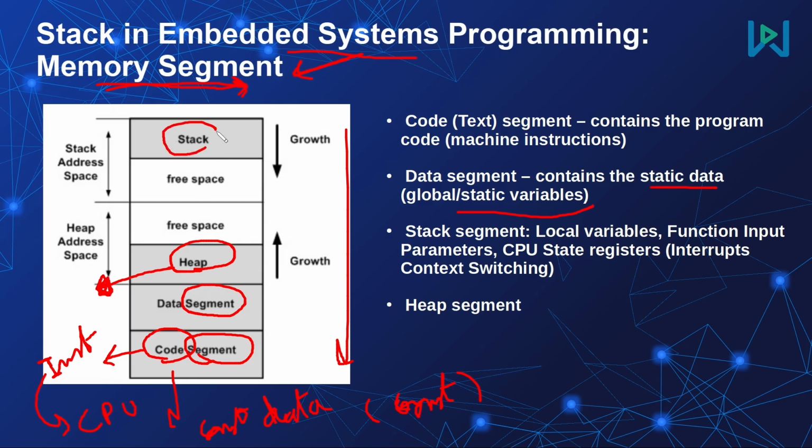And finally, for our stack area, we'll have a dedicated memory segment to hold the different local variables within the context of a function call, as well as the different input parameters for a function call. And finally, it can hold the different CPU state registers that will be saved and restored during an interrupt or exception context switch.